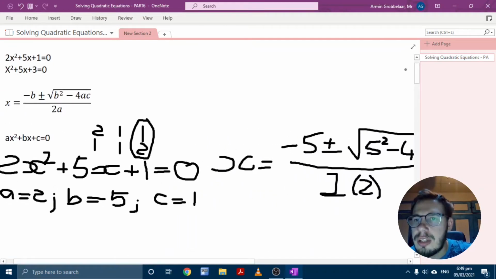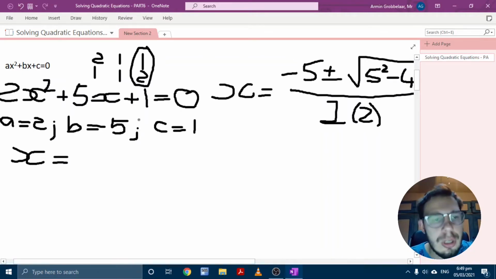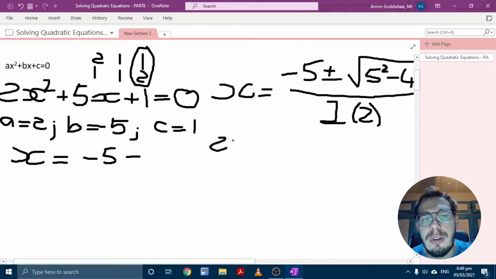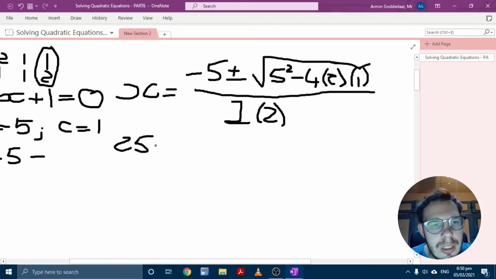So now we can write out these two x's. So we can say x is equal to, now it doesn't matter if you use the plus or the minus first, because you're going to use both. So I'm first going to use the minus. So I'll say that 1x is equal to minus 5 minus, now 5 squared is 25, and minus 4 times 2 times 1 is minus 8.